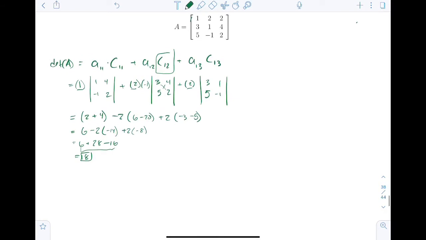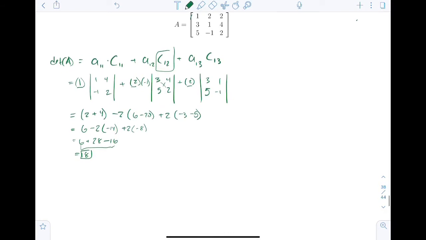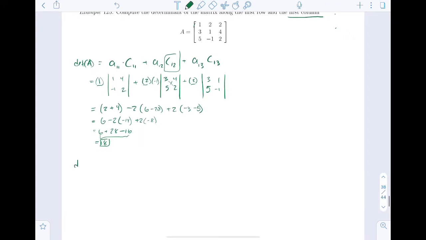Now let's try the determinant of A with the cofactor expansion along the first column. The determinant of A is going to be 1 times, ditching that row and column, 1, 4, -1, 2.